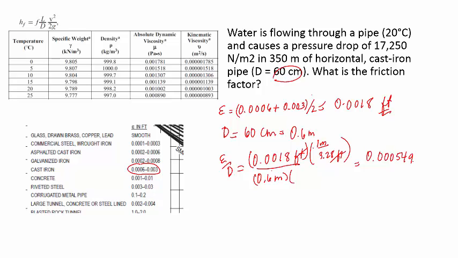So I have meters over meters, and this is 0.0549, divided by 0.6, and this would be 0.0000915.